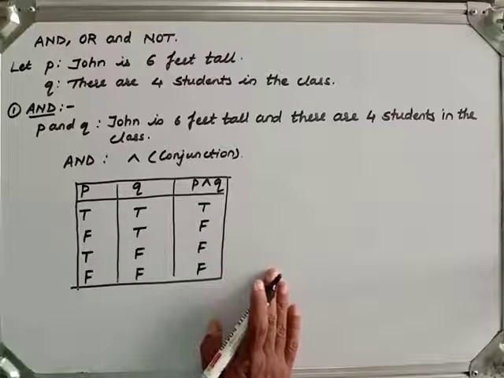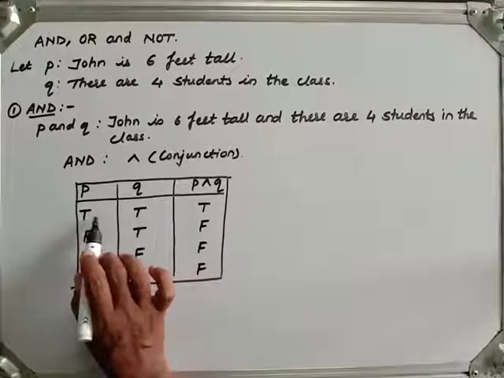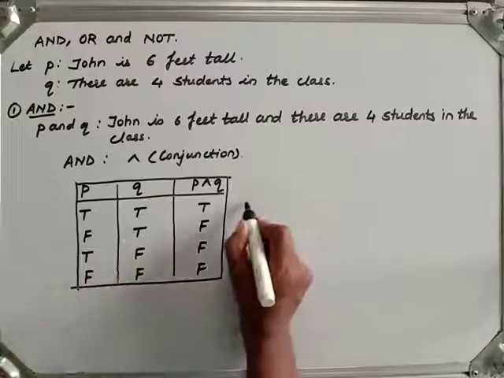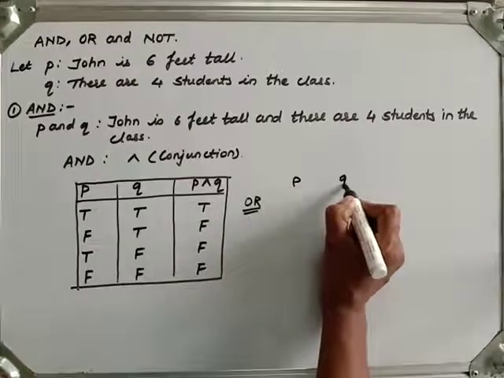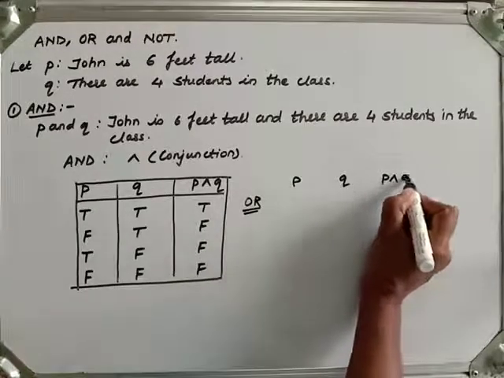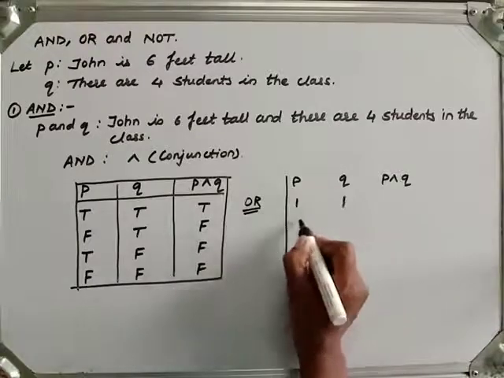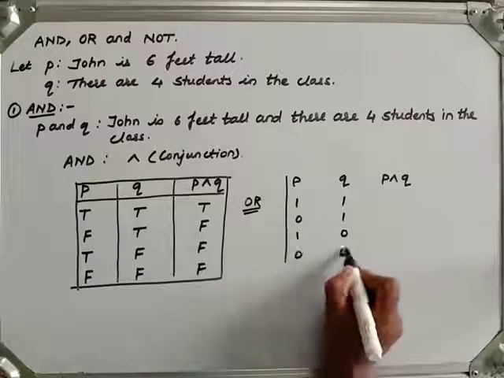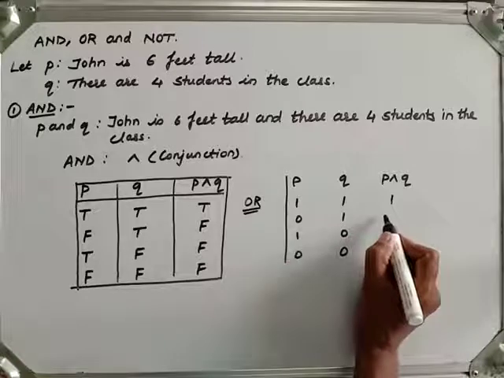Already I had taught you that we can use a notation for true as 1 and for false as 0 also. So in some of the books, that truth table may be given as P, Q, P and Q, with 1 1 giving 1, meaning true true will be true.